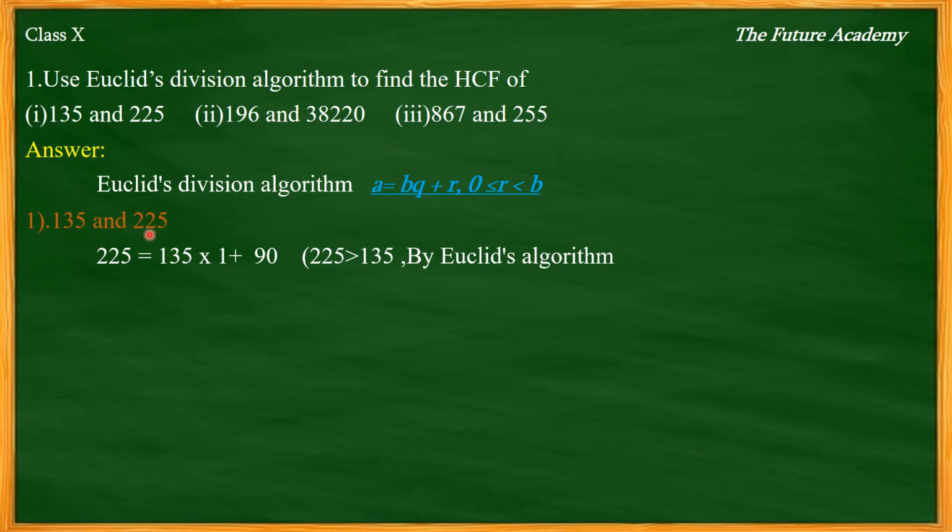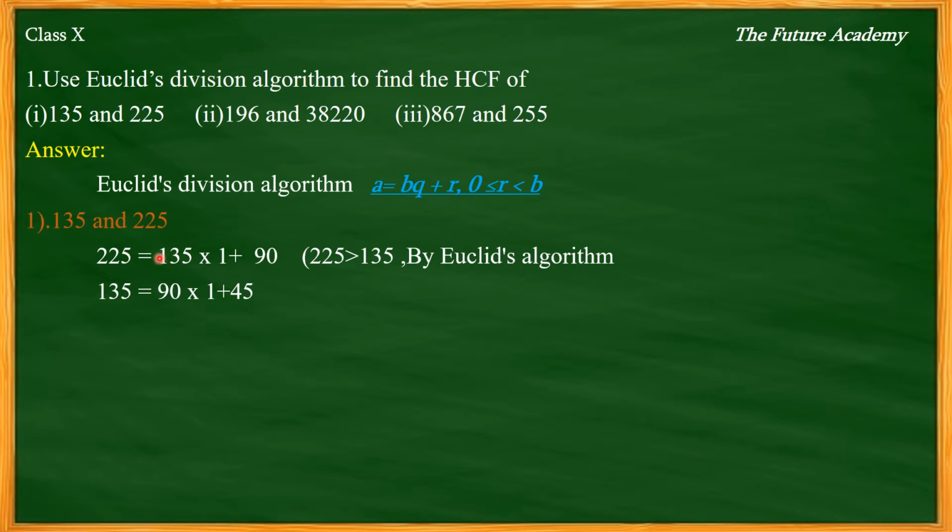Here 225 is greater than 135, so we are dividing 225 by 135. So we get 90 as a remainder. Since the remainder is not 0, now we take this divisor as the dividend and this remainder as the divisor and proceed further.